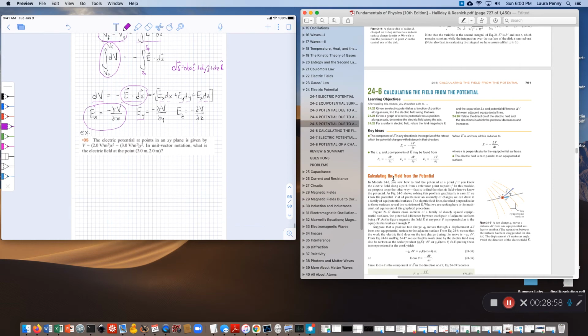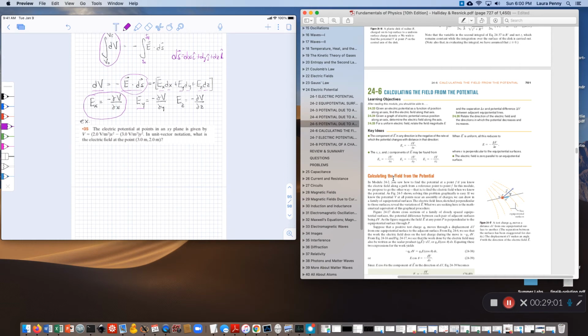So for number 35, they tell me that the electric potential has this function. I can write the electric potential as this function. I'm going to leave the units out. So 2x squared minus 3y squared. It doesn't actually depend upon z at all. So I can get the x component of the electric field by taking the derivative of this with respect to x.